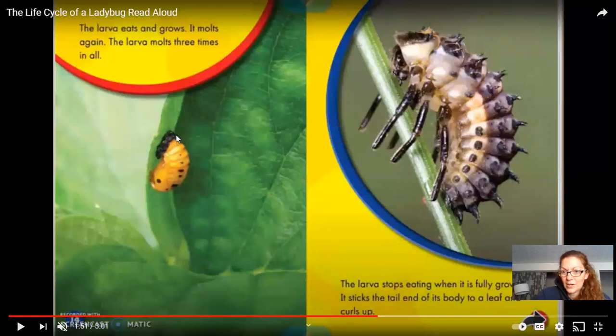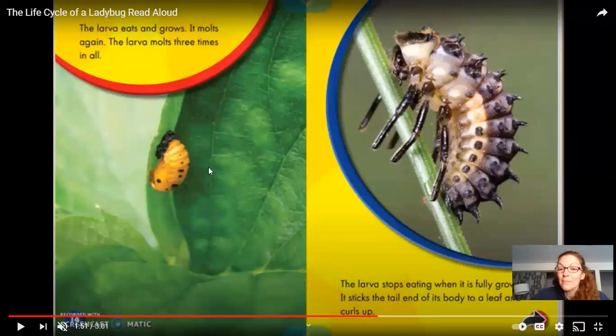The larva, so here it is, the larva eats and grows. It molts again. The larva molts 3 times in all. All right, so if we have the larva, it eats and then molts. And then it eats and then it molts. And then it eats and then it molts. And what does it do?